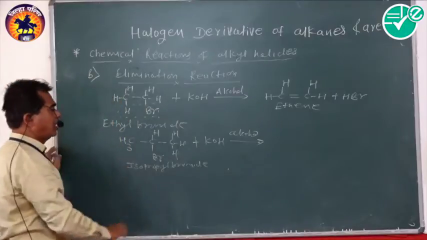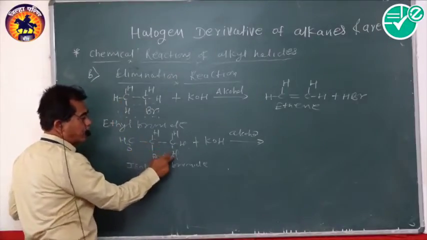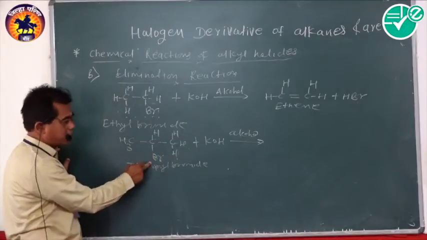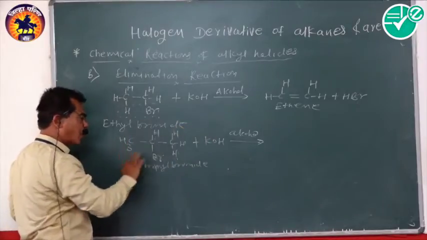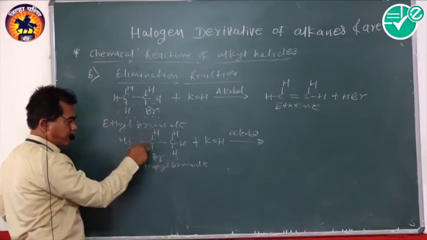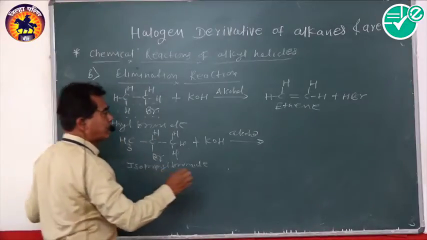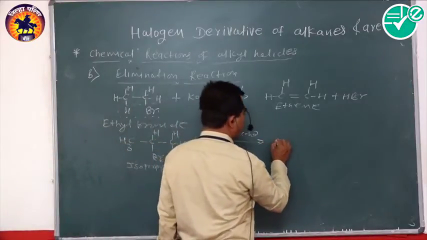Here similar elimination takes place: hydrogen from this carbon atom and bromine from this carbon atom to give propene. In the same way, it may be possible to remove the bromine from this carbon atom and hydrogen from this carbon atom to give a similar compound, an alkene, which we call propene.